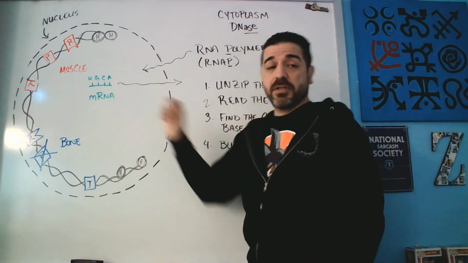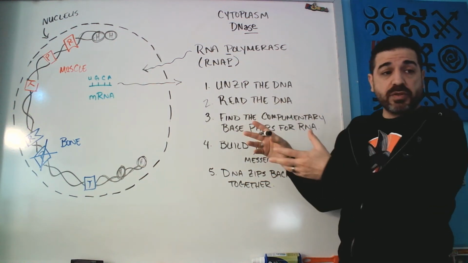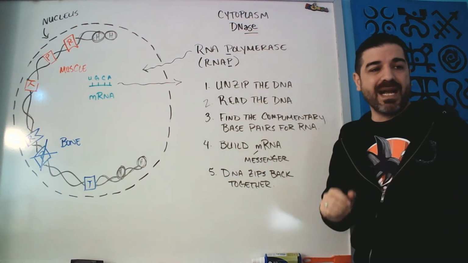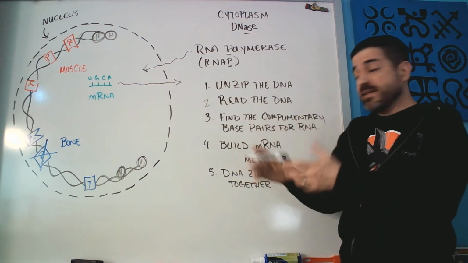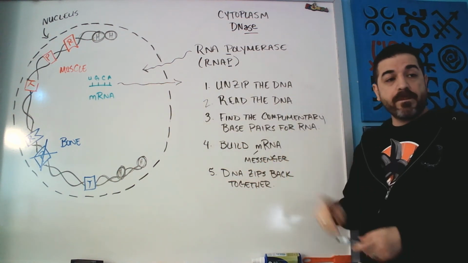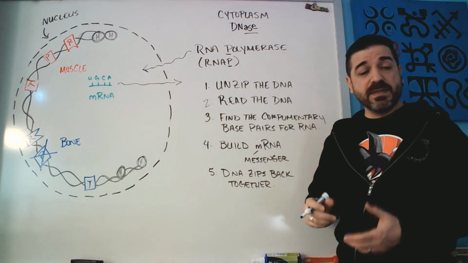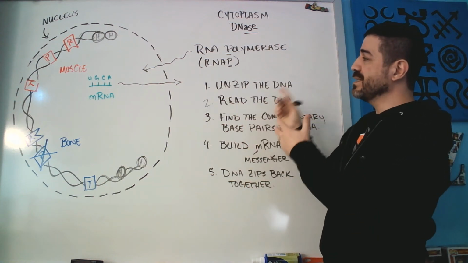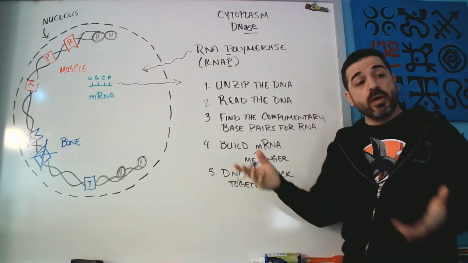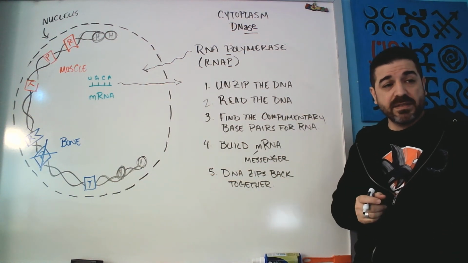This molecule is shaped a little bit different than DNA based on its simple sugar as well as the single strand. So DNase is not going to affect it. It's free to leave and go deliver the message because it's a messenger RNA, which that message is the instructions for how to create that specific protein that we need for muscles. So it'll leave the nucleus and head out into the cytoplasm where hopefully it runs into some ribosomes because ribosomes are responsible for protein synthesis.